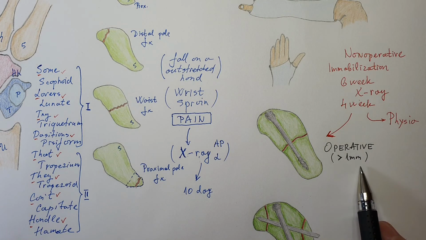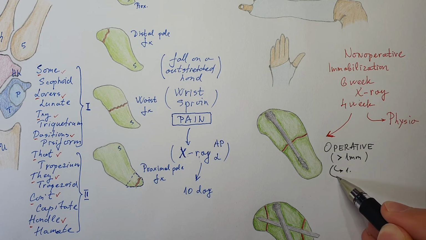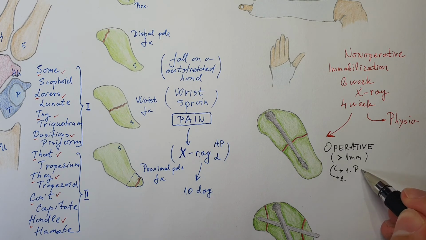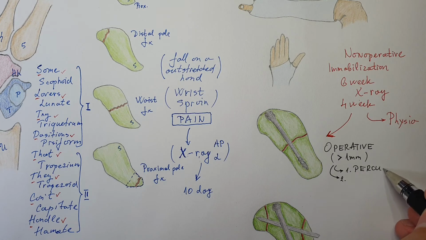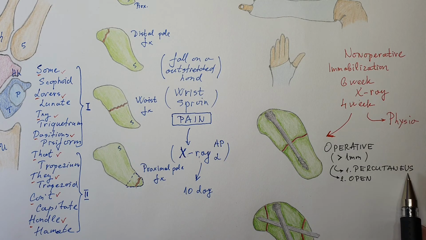So operative techniques are actually divided. There are two main ones. Basically, the basic division is the percutaneous technique, which is one, and the other is open. So the percutaneous technique is a minimally invasive technique.